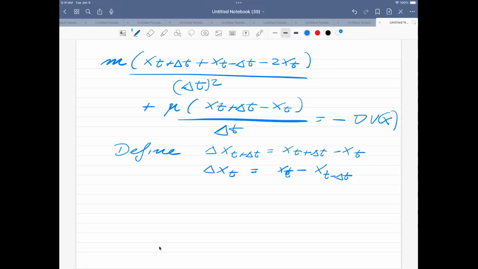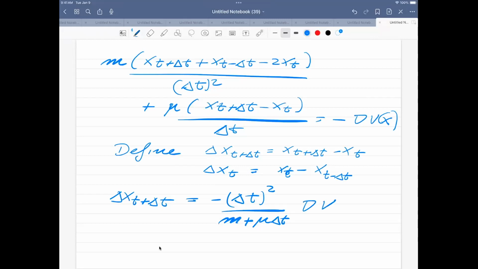And then I can now rewrite my equation in the following way. So I can isolate this delta x t plus delta t. I can rewrite everything in the following way. And this is equal, so I multiply out this minus delta t squared. So I have a minus delta t squared divided by the mass plus mu of delta t times delta v.